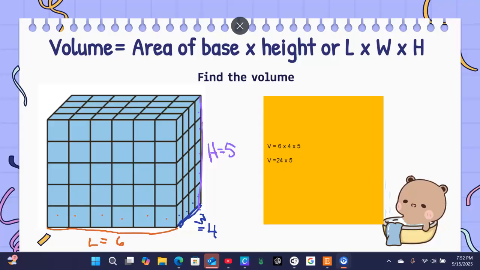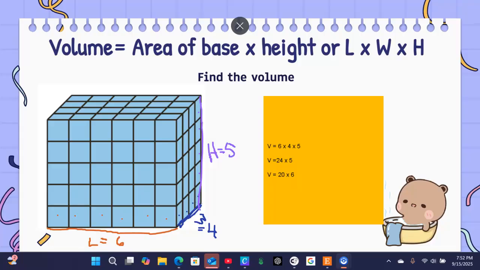Another way that we could write it is V equals, or volume equals. Now, since I already did 6 times 4, I'm going to go ahead and do 4 times 5. And we'll say that's 20 times 6. Please make sure that you don't multiply the same number twice.